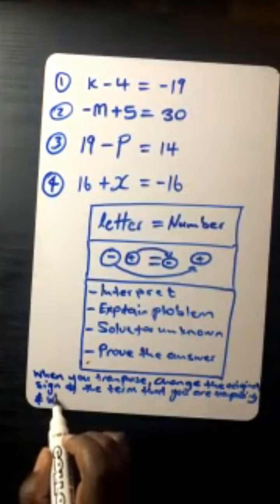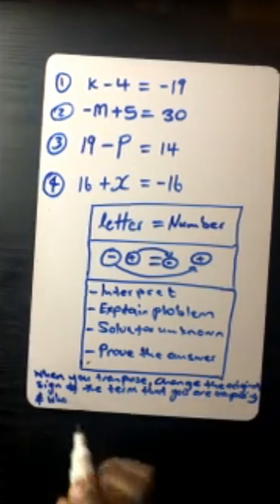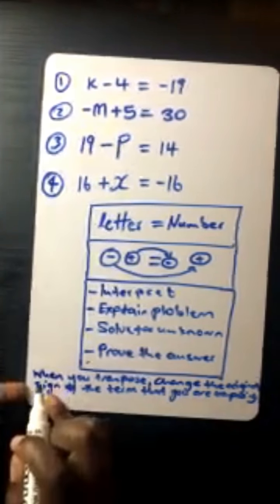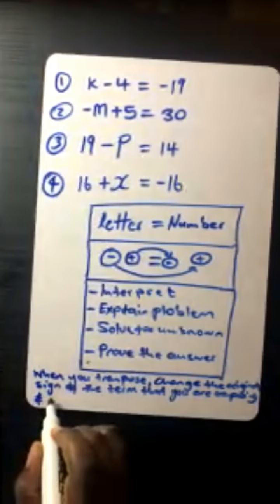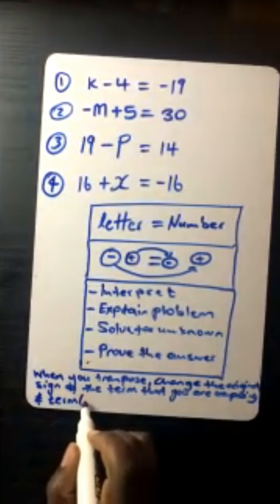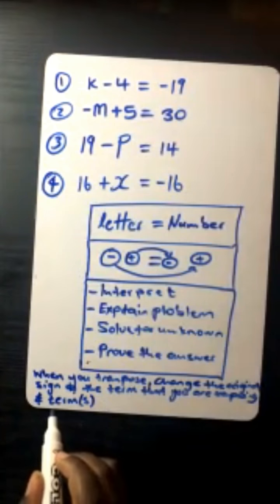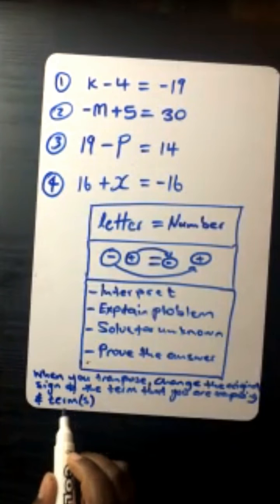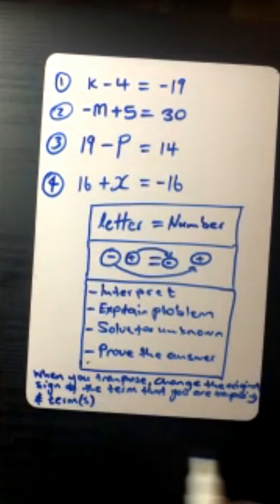And okay, let me not use the word whatever, but say term in brackets s, which means if on the left you've got a term or more terms, you write them as they are.